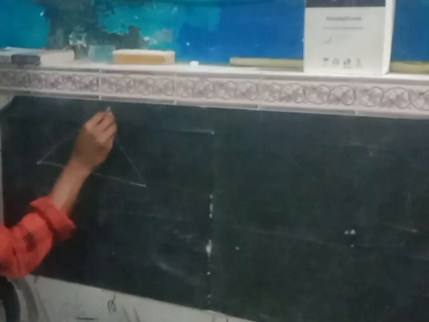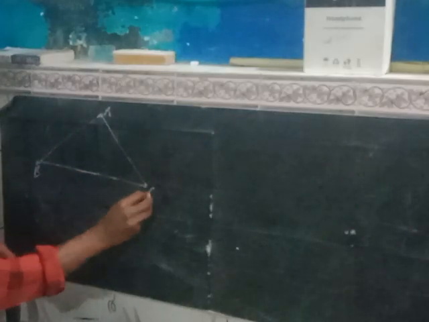This vertex is A, this one is B, and that one is C. And here we make a line segment, and we name this, sorry, it is not in between. A line segment, something like this, and we name it D. So this is a simple drawing.